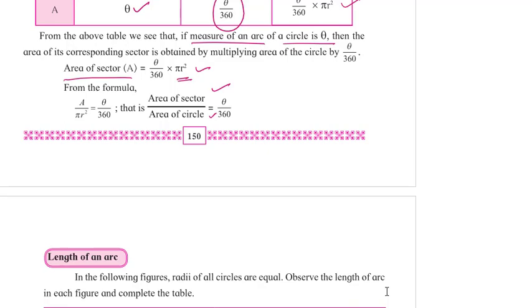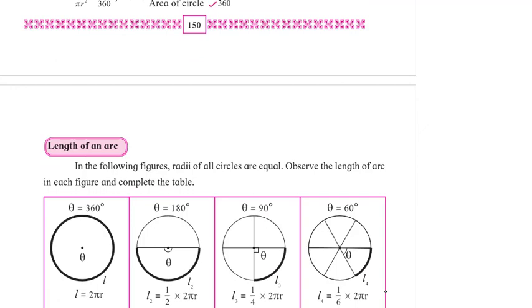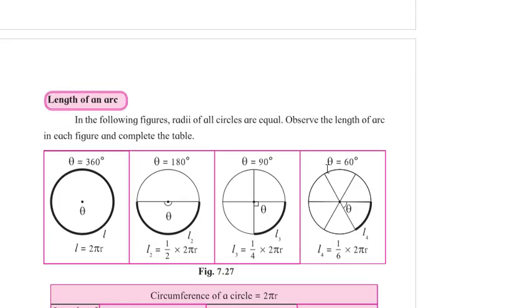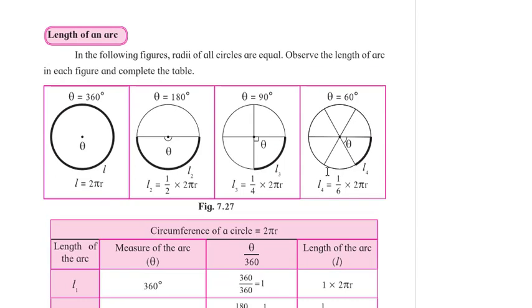Now let us discuss the length of an arc. As we discussed for the area of a sector, in the same way we will discuss the length of an arc. In this figure, the complete length is 2 pi r, that is, when the angle is 360, my length is 2 pi r. When the angle is 180, it is half of 2 pi r, that is a semicircular arc.